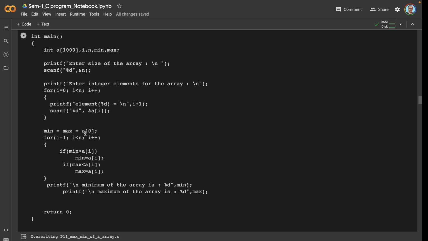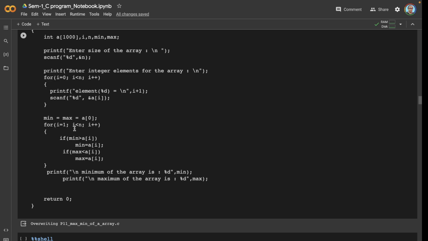Min equals max equals A0, the initial value. So in the for loop, if minimum is greater than A[i], first i equal to 1: when minimum is greater than A1, minimum is A1. And if maximum is less than A1, for i equal to 1, maximum is A1.